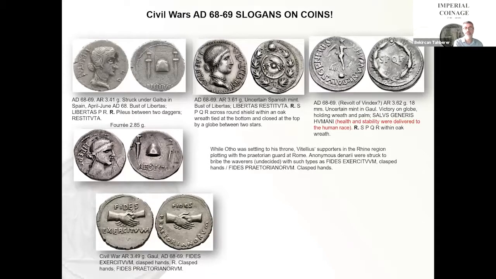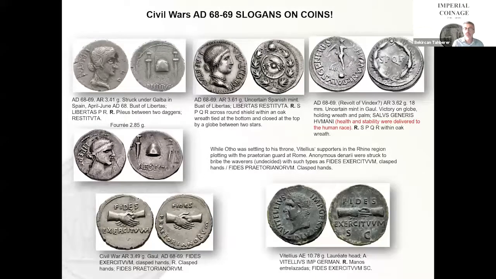And in this one, it says fides exercituum, so the fidelity of the armies and the soldiers, clasped hands, and on both sides you see the same image. And sure enough, very soon Vitellius mints coins with the same image on the reverse and the same slogans.